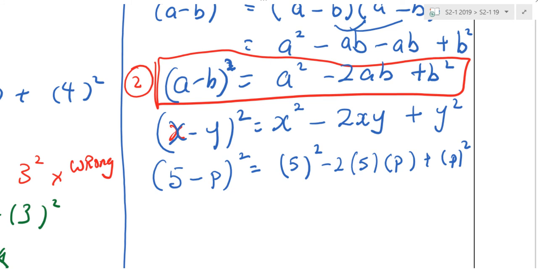Is this okay? So I don't talk about the plus and minus. Now what's the final answer? 25 minus 10p plus p squared. This is the answer.